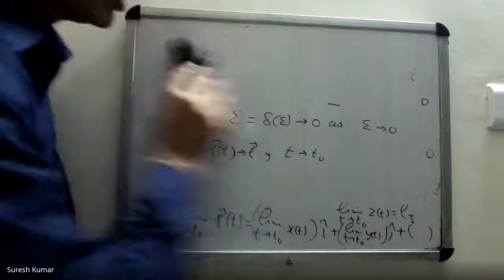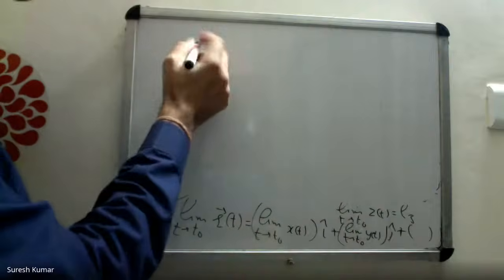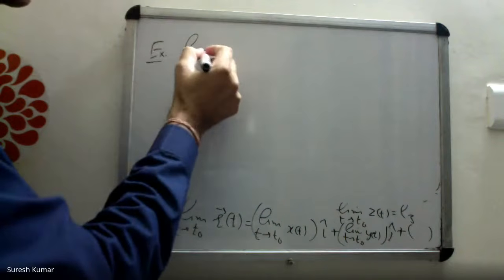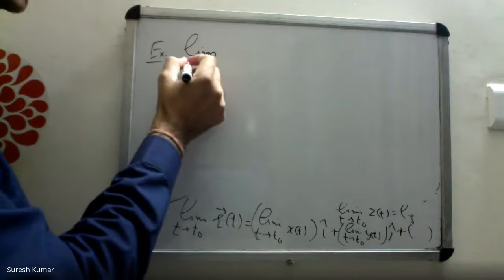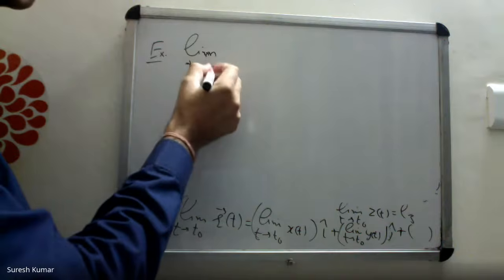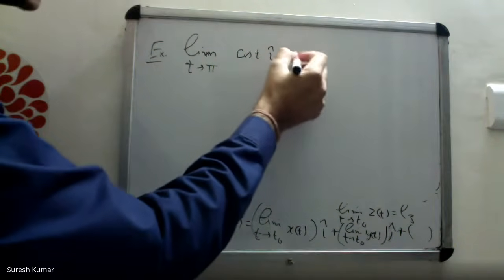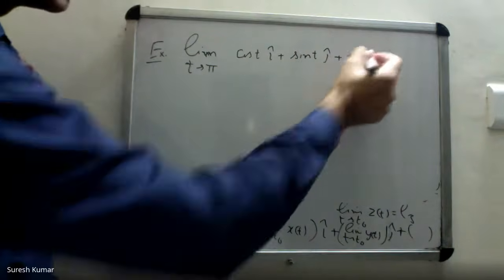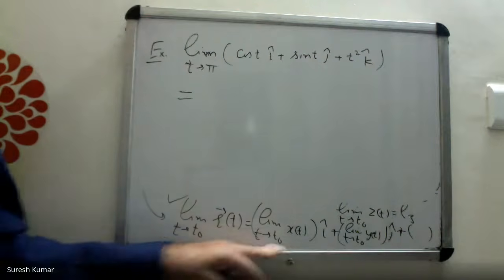Let me take a very quick example on limit, how to solve for a vector function. Find limit of t going to pi of cos t i cap plus sin t j cap plus t square k cap. Can you write its answer following this formula?